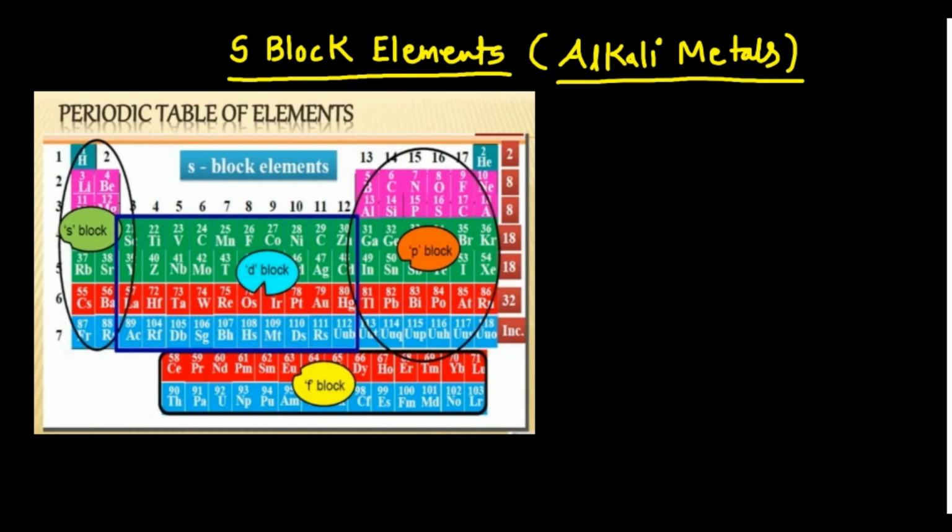Because the p orbital can maximum accommodate 6 electrons, which gradually fill. That's why the p block elements have 6 groups. You can understand the things like that only.